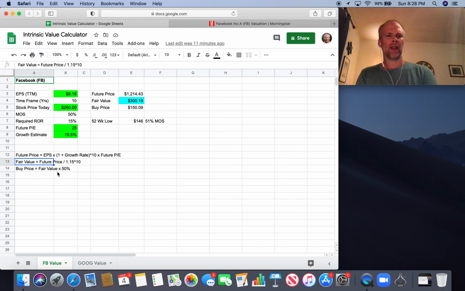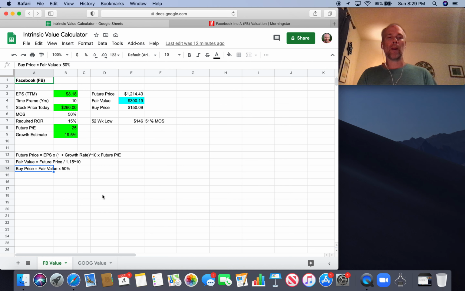So that's how you get the fair value, the price that the stock is worth today, the intrinsic value, so to speak. And then the buy price is really just going to be half of the fair value. We don't want to pay sticker price for a stock. We don't want to pay fair value. We want to get a discount on that stock because these are estimates. The future price to earnings ratio, the growth estimate, you can see right there, it's an estimate.